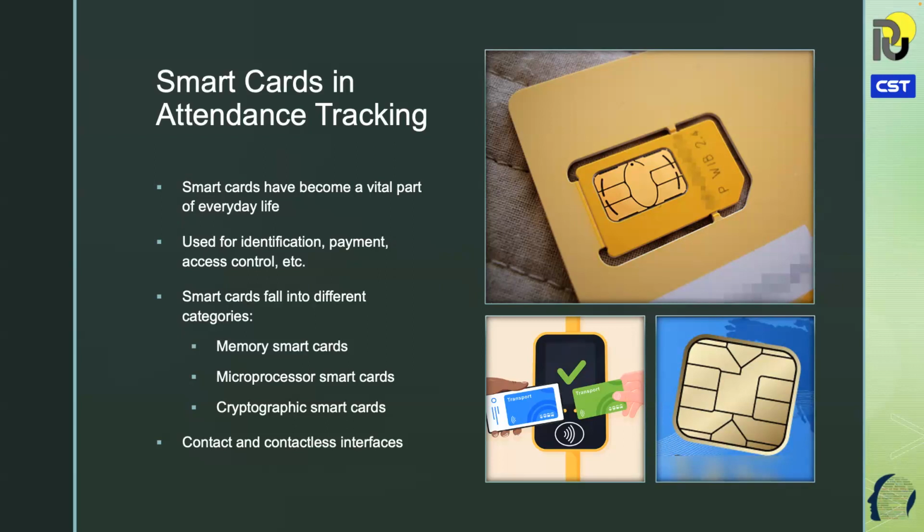They can perform some calculations, etc. Cryptographic smart cards are essentially microprocessor smart cards that can deal with cryptography. So we have a wide variety that can provide different functions for different systems. And of course, we also have contact and contactless interfaces, depending on how we want to read them. Contact uses electrical contacts. Contactless only requires us to present the card within a few centimeters of the card reader.